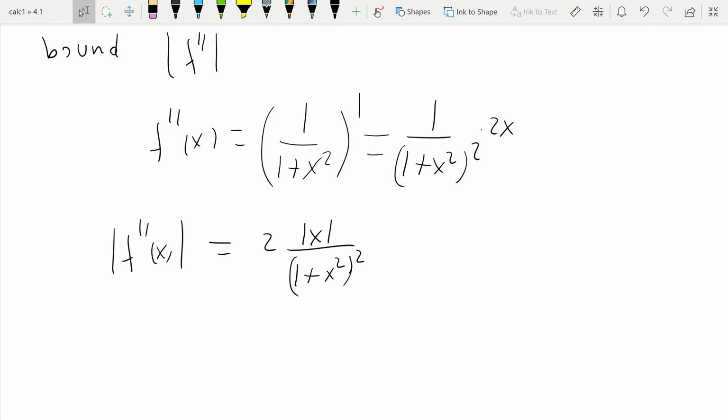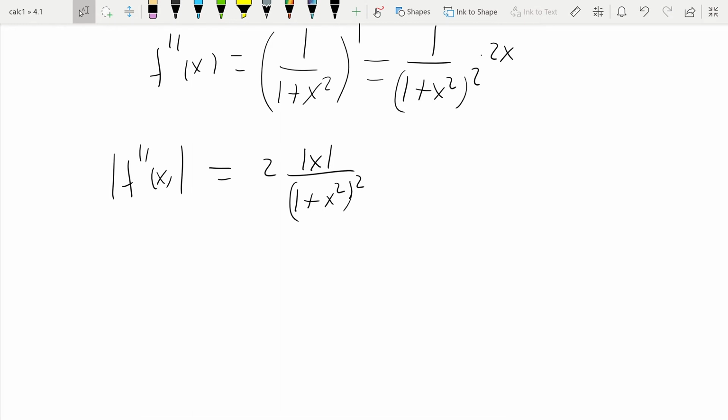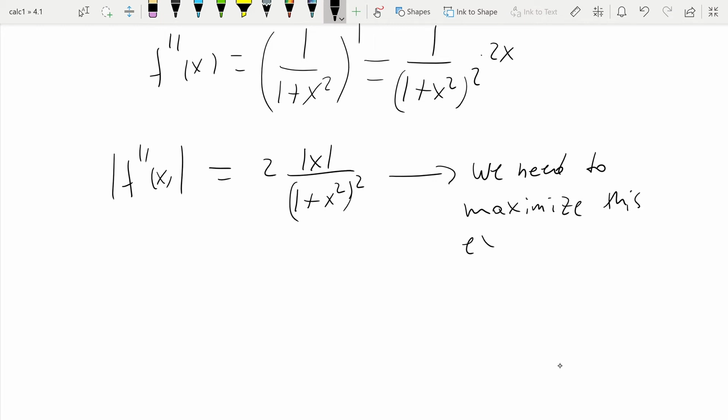So we need to maximize this expression. Or in fact, we just need to bound this expression. That's a better wording, because we're not going to find the maximum yet. This is something we're going to learn to do in the next section.